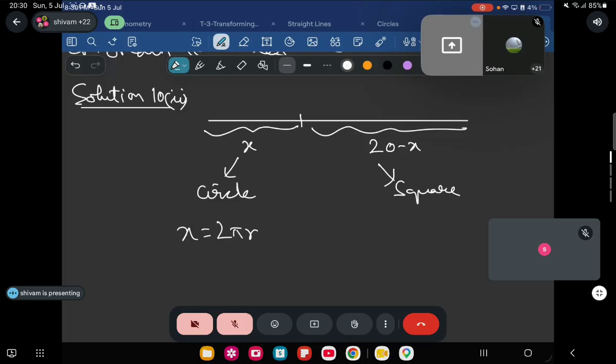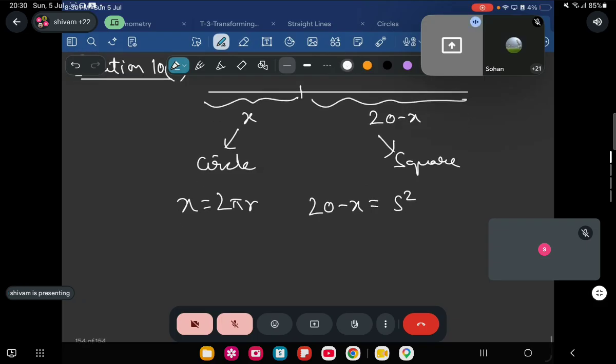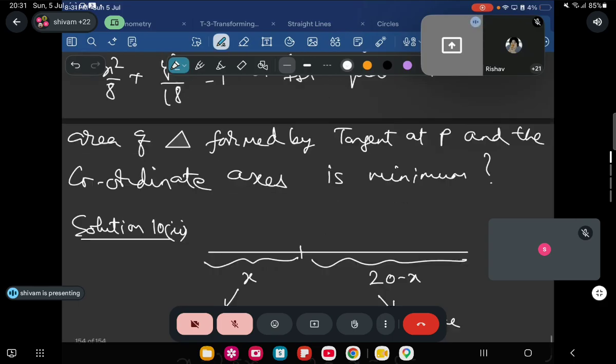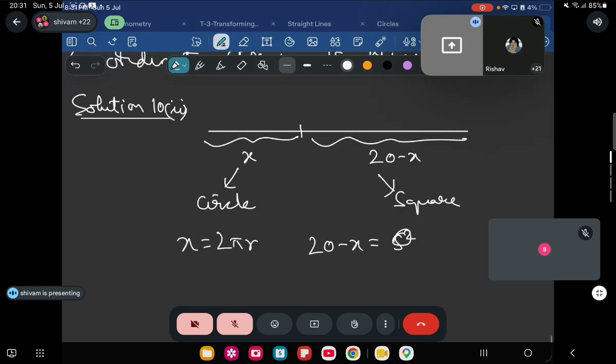And 20 minus x is equal to 4 times the side of the square. You can choose opposite ways also, you will get the same answer. Wait a minute. What am I doing? Area.